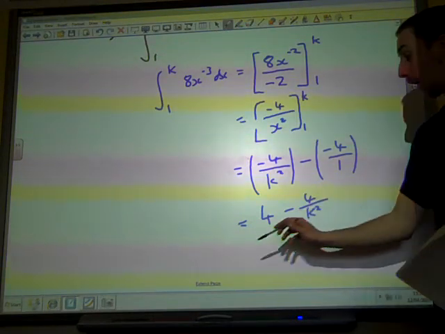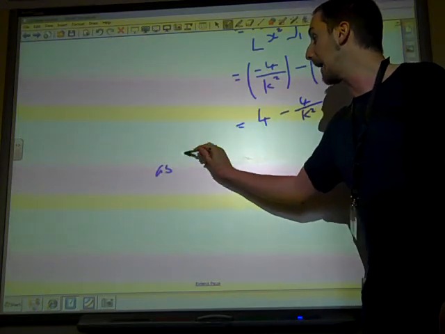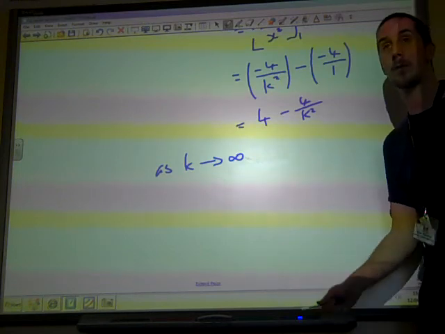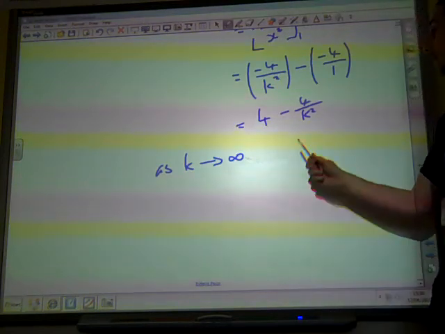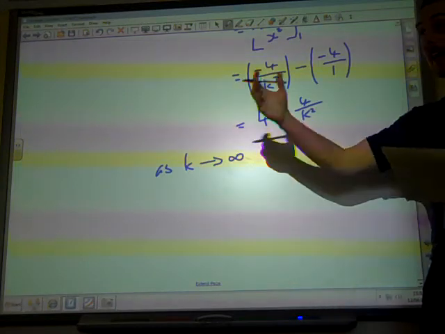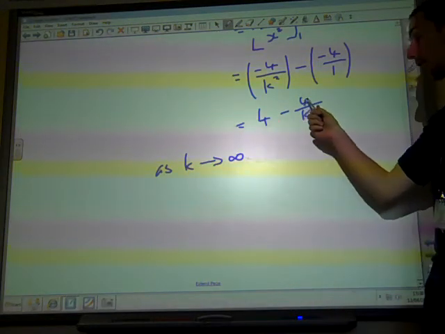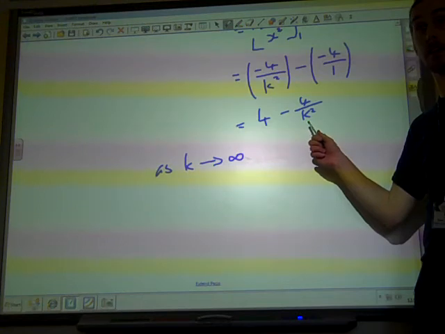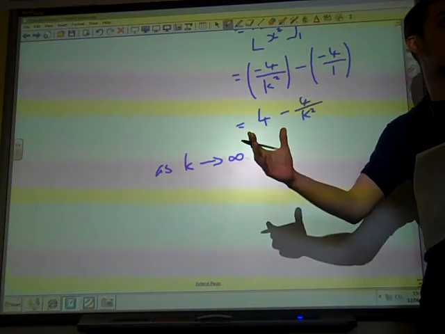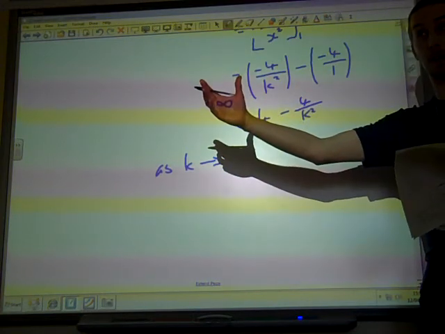We say what happens as k gets bigger and bigger. If k gets closer and closer to infinity, well, 4 over k squared, the bigger k is, the closer 4 divided by k squared gets to 0, doesn't it? If k is very, very big, then k squared is massively bigger.